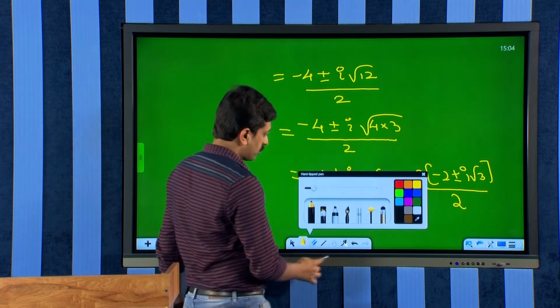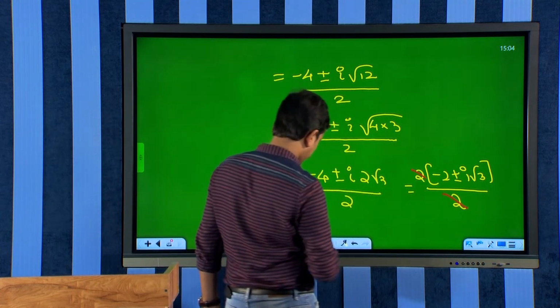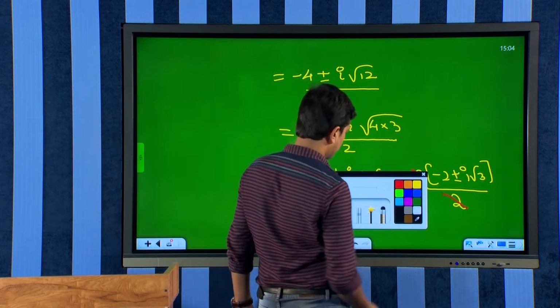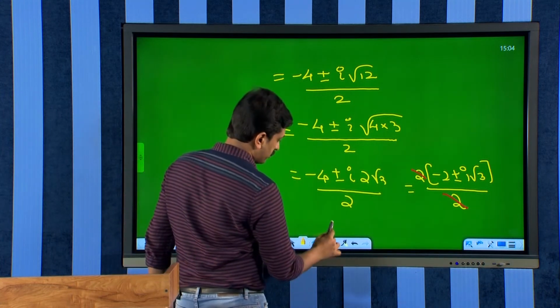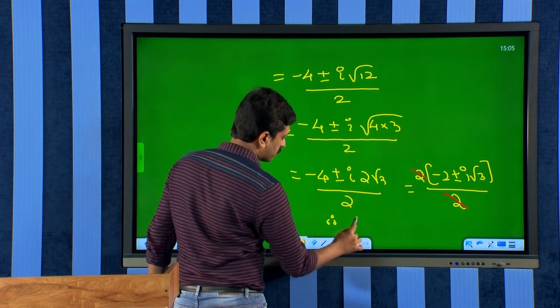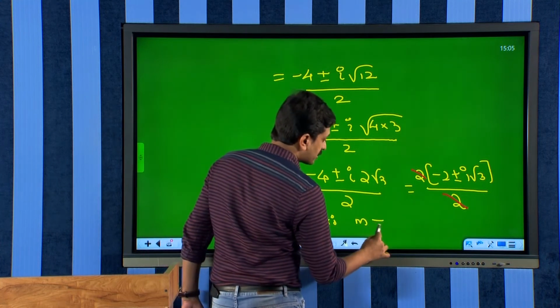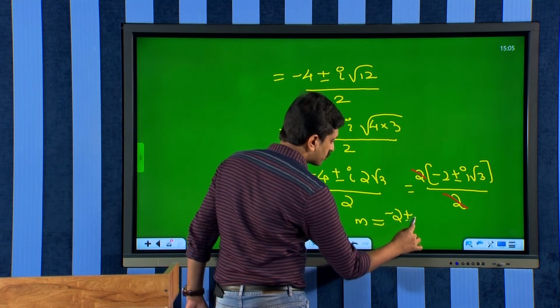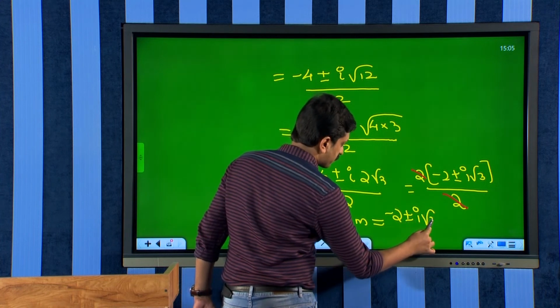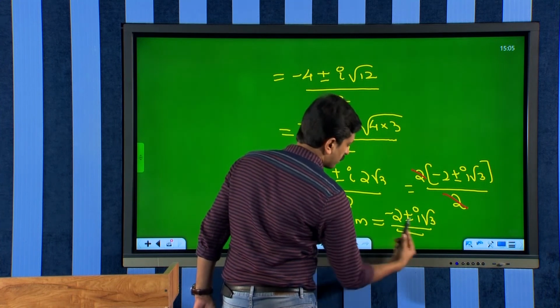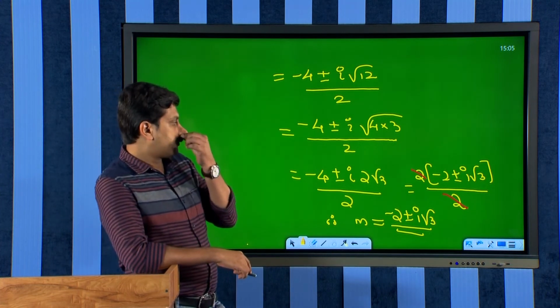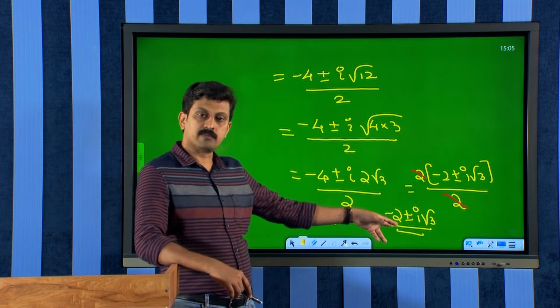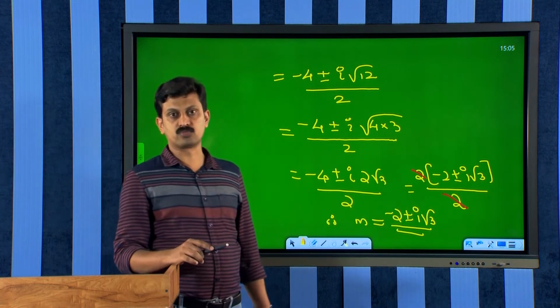Okay, fine. Now we can cancel this 2 and 2. Finally, m is equal to minus 2 plus or minus i root 3. The real part is equal to minus 2 and the imaginary part is root 3.